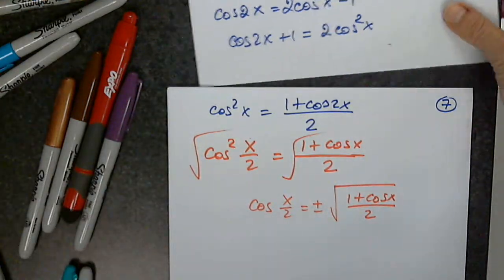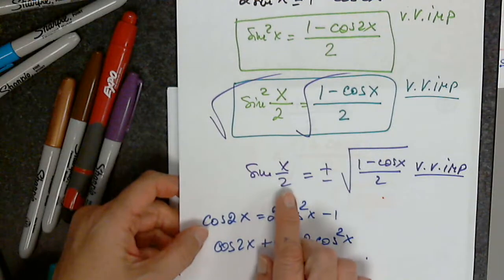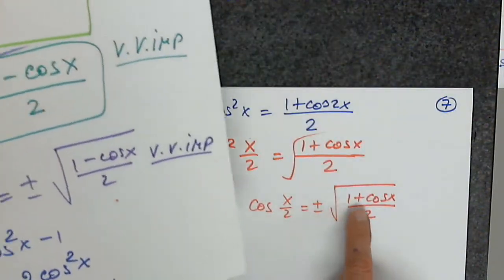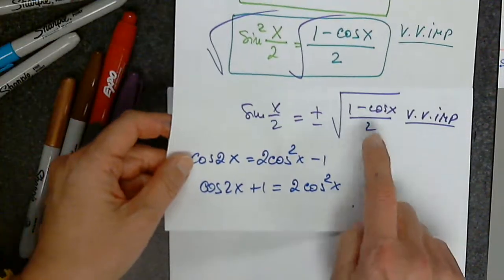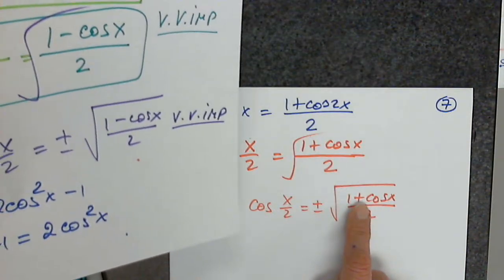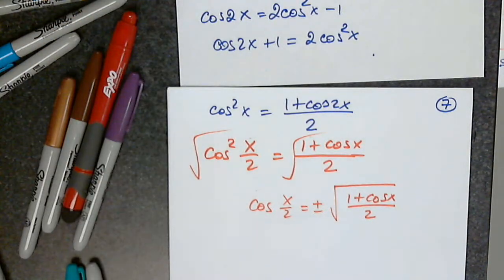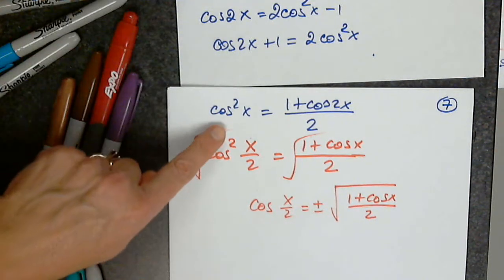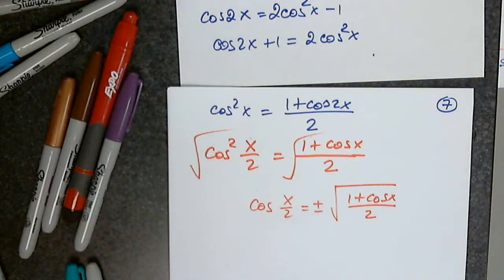Sine x over 2 is plus or minus the same thing with cosine, but plus in the middle. This one has minus in the middle, and this one has plus in the middle. Any questions so far? You know where it's coming from, and we will have to use these.